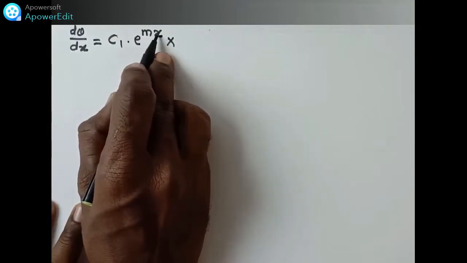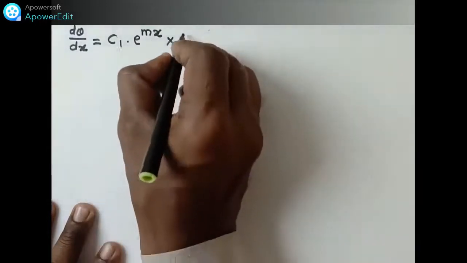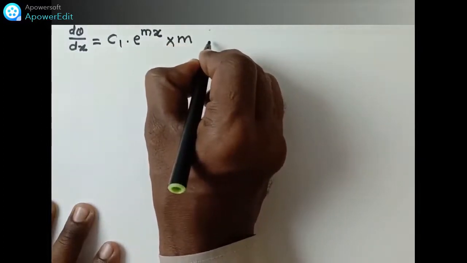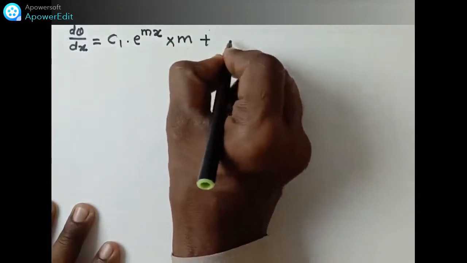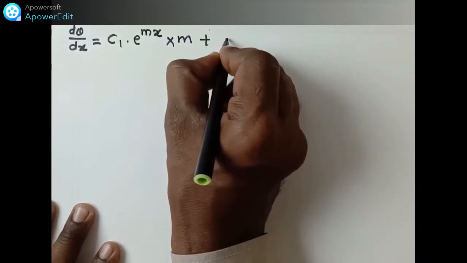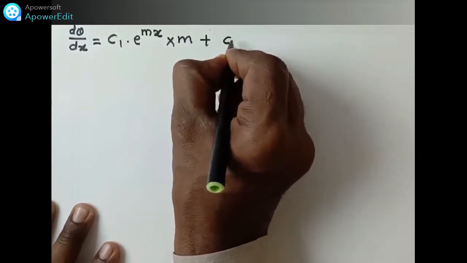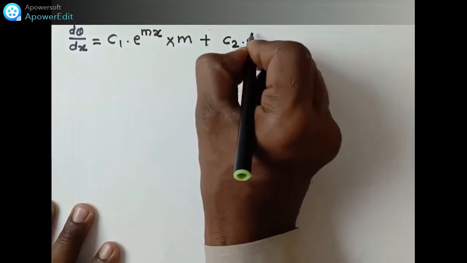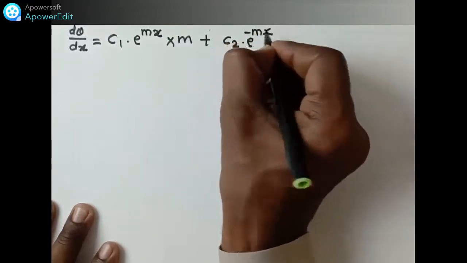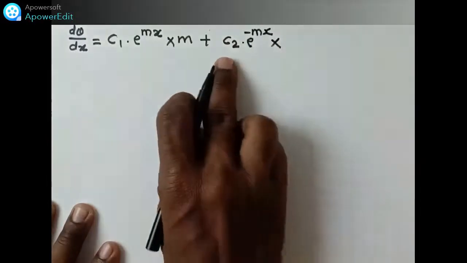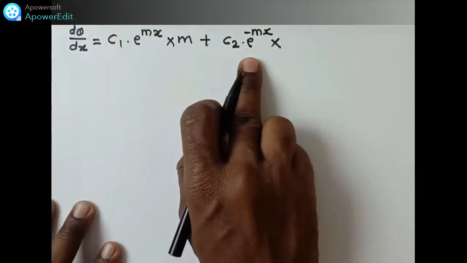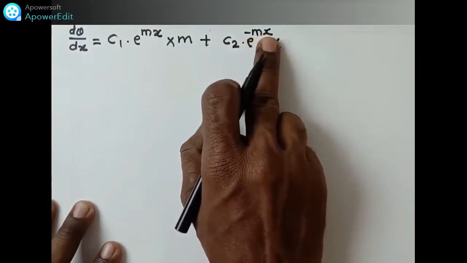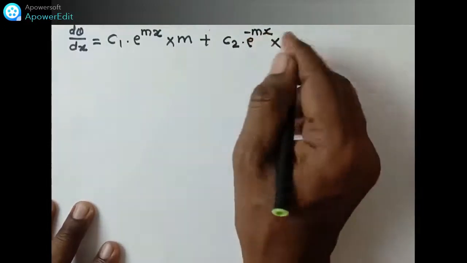The x derivative will be 1 into m, so here m will come, plus C2 into differentiation of e raised to minus mx, that is e raised to minus mx. Derivative of minus mx will be what? Minus m.